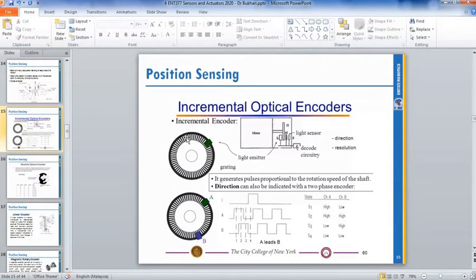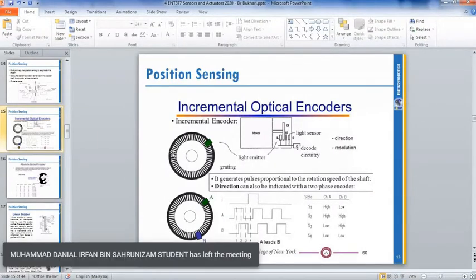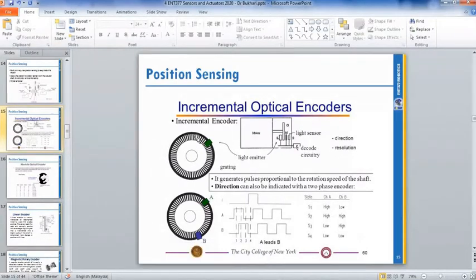We call it resolution. So what is your sensor accuracy? Your sensor accuracy is 1.8 degrees, or your resolution. Your sensor resolution is 1.8 degrees. Clear? One rotation is 360 degrees, your encoder has 200 slots.